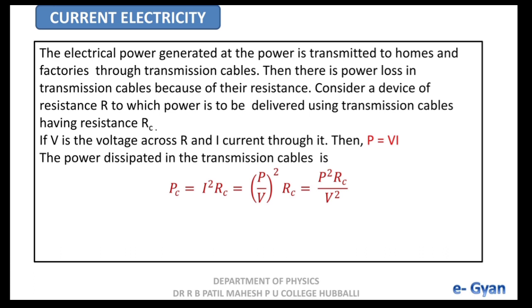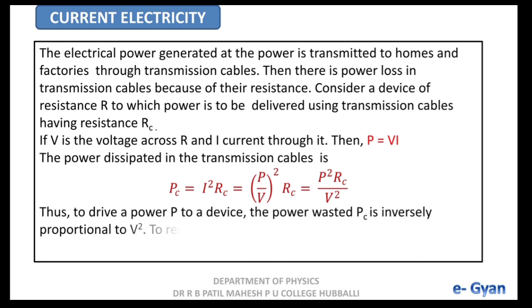To reduce the value of power loss in the transmission cable, the power should be transmitted at a high voltage. The current should be transmitted at a high voltage, then the loss of power in the transmission cables can be reduced.